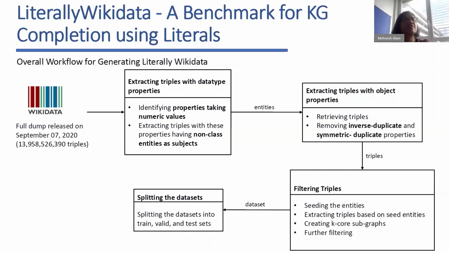This way we created one data set. In that one, we removed inverse and duplicate properties, the symmetric relations that were the problem with the first data set. This way we had our new curated data set, which overcame all the problems of the previous benchmark data sets.